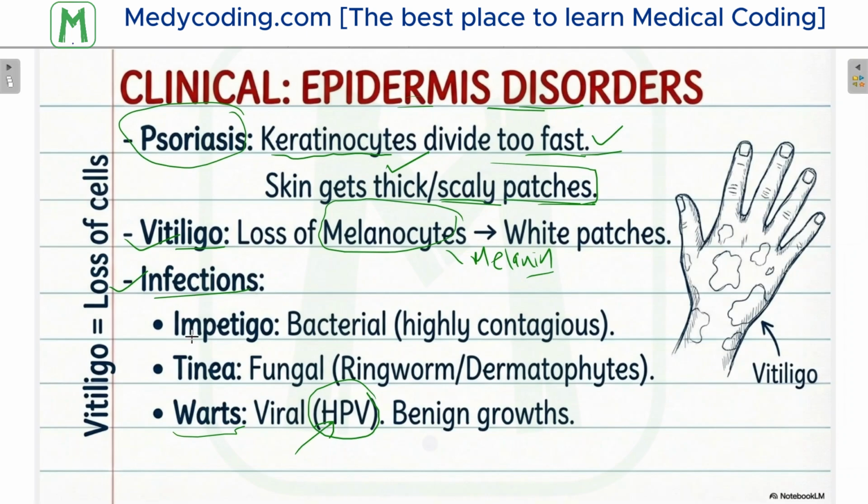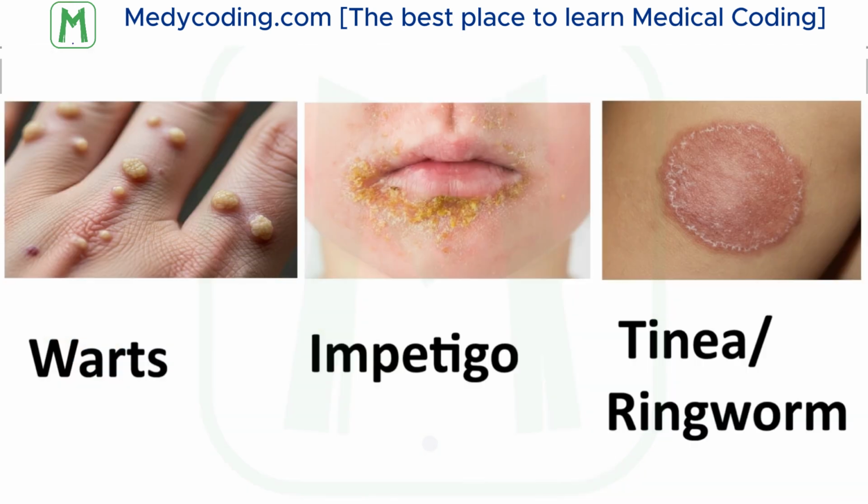The next is impetigo. That is also a skin infection, but that is caused by bacteria. Next, tinea. Tinea is caused by a fungal infection. So these are the images of warts, impetigo, and this is tinea.